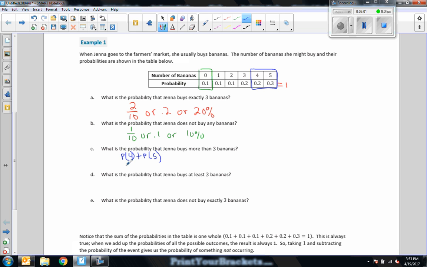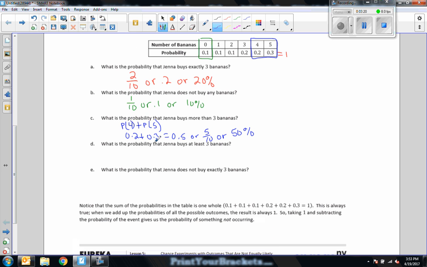Well, the probability of 4 is 0.2, the probability of 5 is 0.3, and that equals 0.5, or 5/10, or 50%.